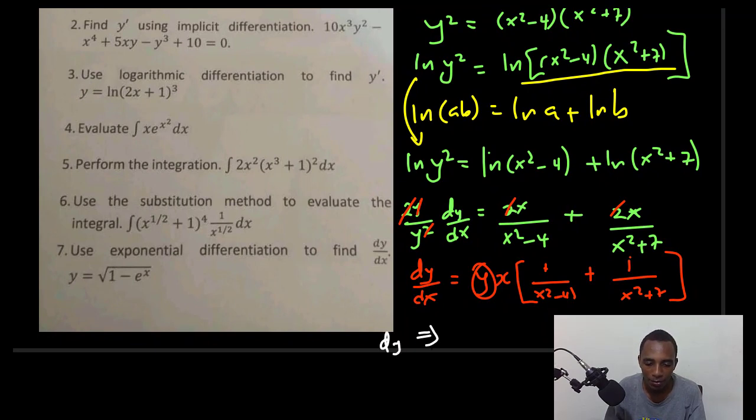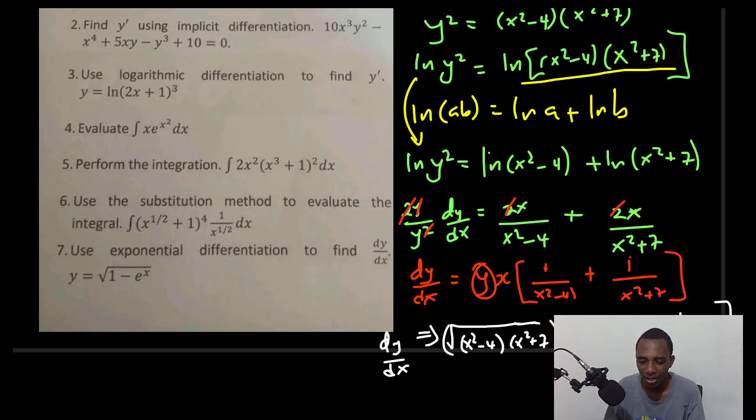So finally our answer dy/dx is going to be y, which is the square root of x squared minus 4 times x squared plus 7, all this times x times 1 over x squared minus 4 plus 1 over x squared plus 7. So there you have it.